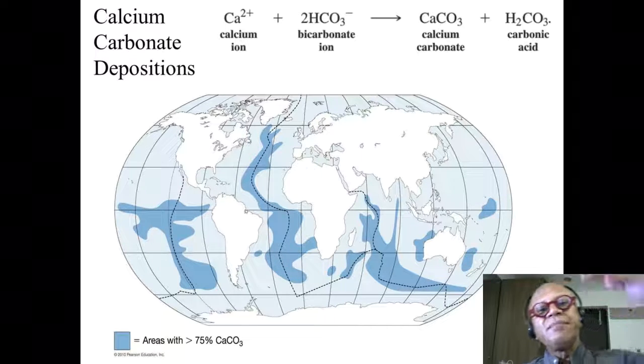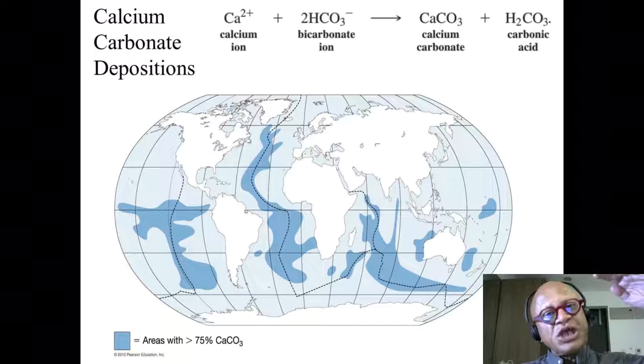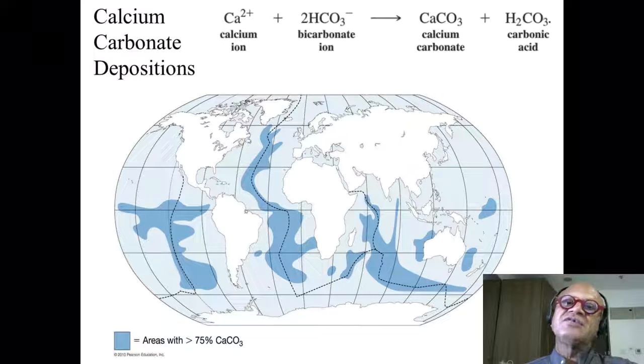Why is that? Basically, calcium carbonate is raining down and carbonic acid is trying to dissolve it, and at the point where the rain rate and the dissolution rate are the same, there is no dissolution below that. So if the shell gets past that point, then it will reach the bottom and get buried.